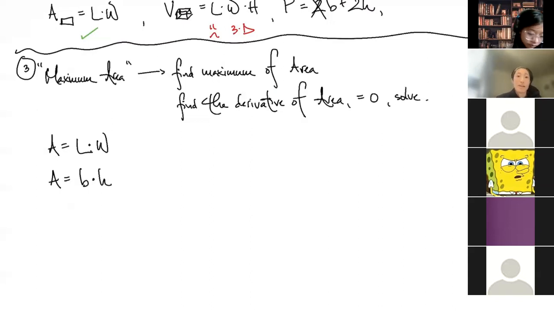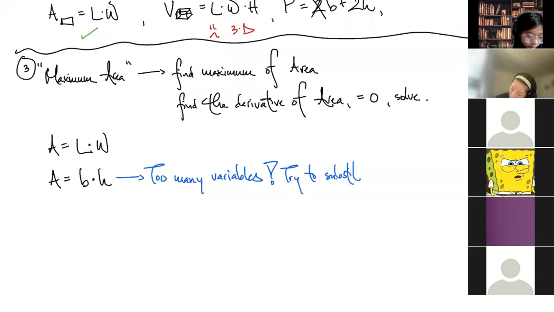Now, we are in Calc 1, which means we are looking at single variable calculus. Okay. For us, area equals base times height is too many variables because there's area, there's base, and there's height. They're all changing. Okay, so it's too many variables. So in order to maneuver around this, let's try to substitute one of the variables, okay?